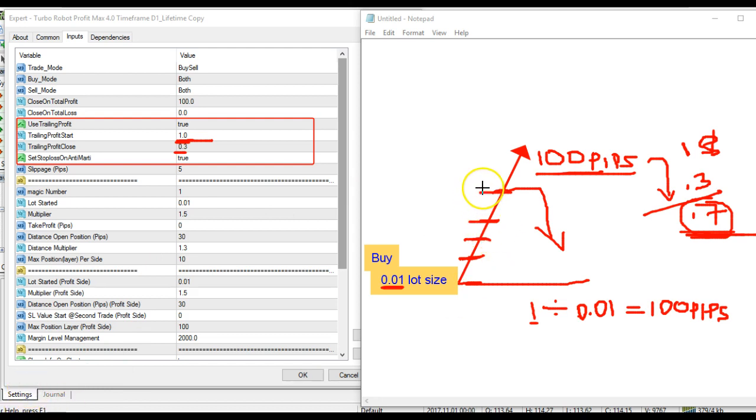So what will happen if, let's say, you are earning more than that? The EA or the robot will already lock the profit of $1, because you hit this $1 over here, right? So what if it goes up some more? It hits another maybe $2.